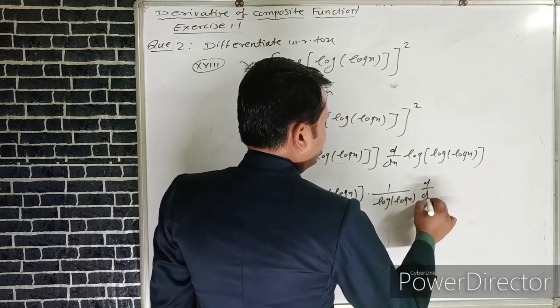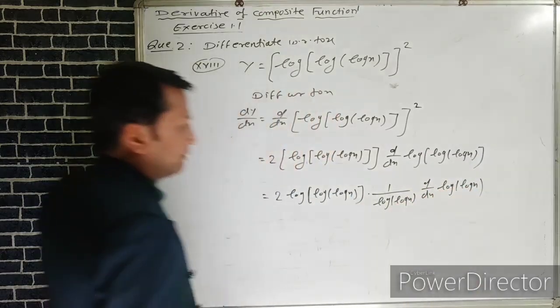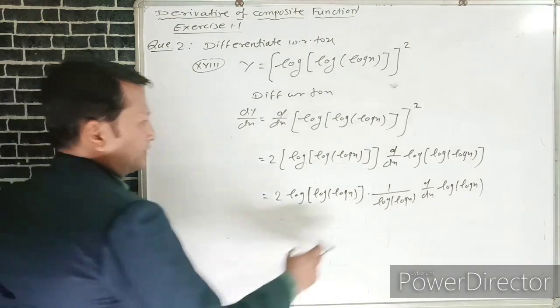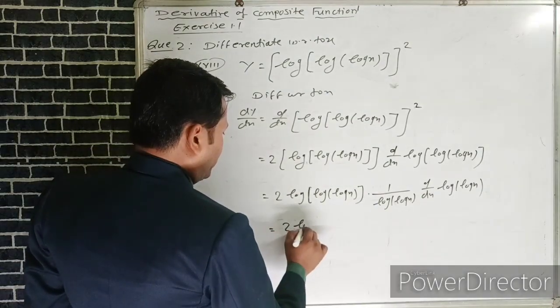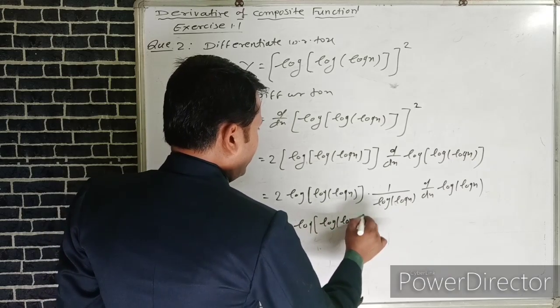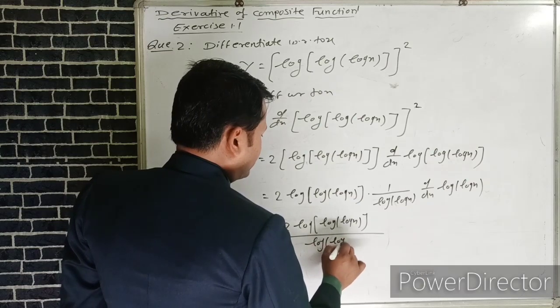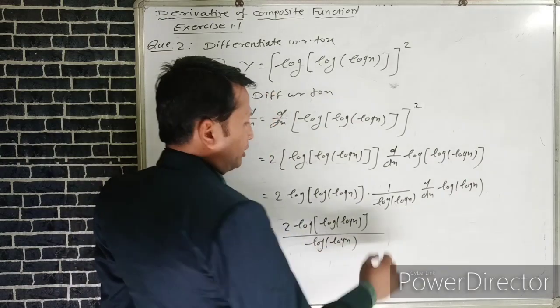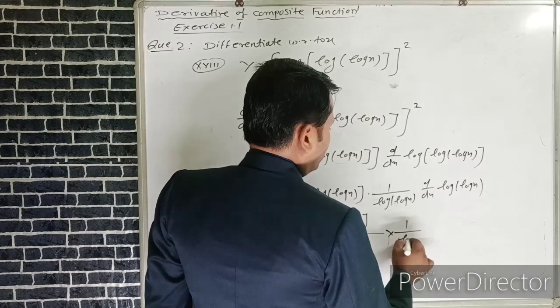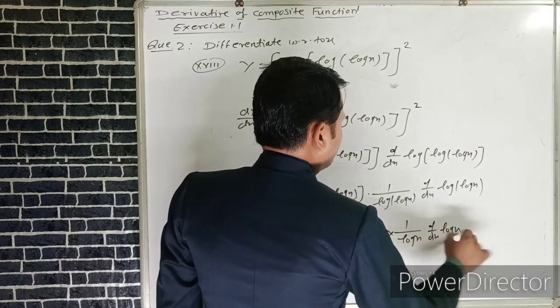Again we take the derivative of log x. After that we can write again 2 into log x upon log x, into again the derivative of log x is 1 upon log x, and we take again the derivative of log x.